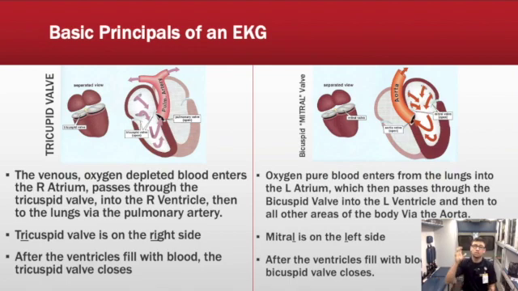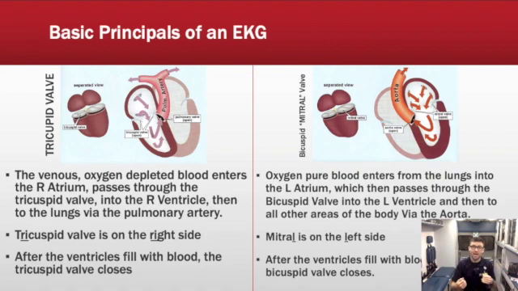So again, starting with the right atria, deoxygenated blood is dropping down through the tricuspid valve into the right ventricle. As the ventricles contract, it's pushing that deoxygenated blood through the pulmonary artery to supply the lungs, so that as we breathe, we can reoxygenate that blood.